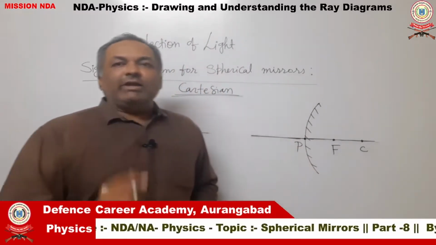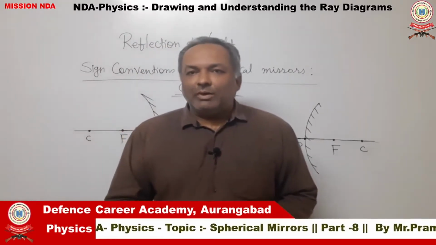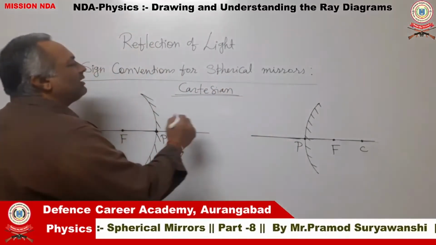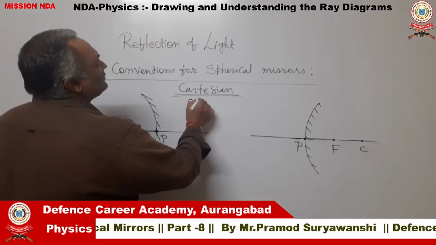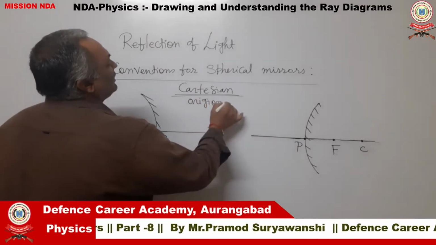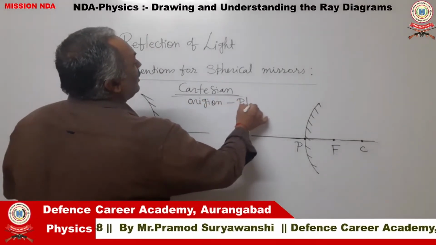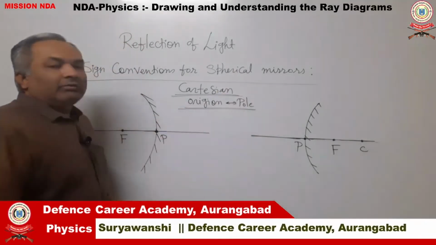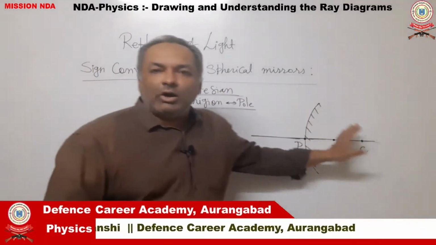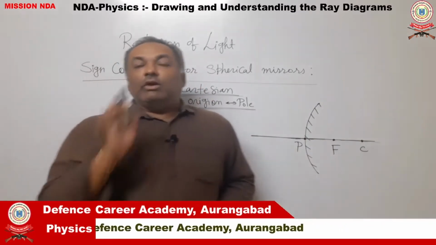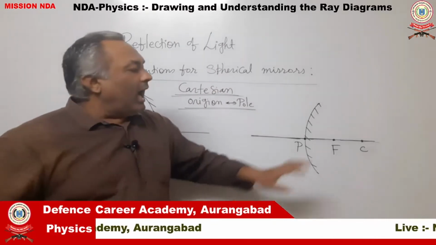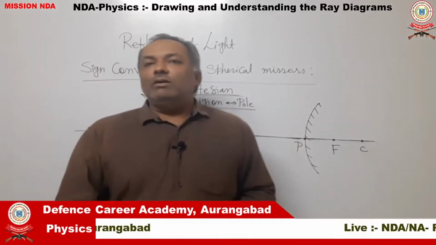Now for the Cartesian coordinate system, the most important point is the origin. Very much like that, in case of a spherical mirror, we consider the origin as the pole of the mirror. So let it be a concave mirror or a convex mirror, for the Cartesian sign convention our origin is the pole of the mirror.